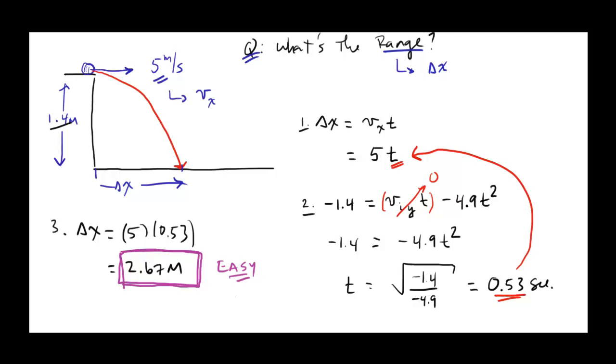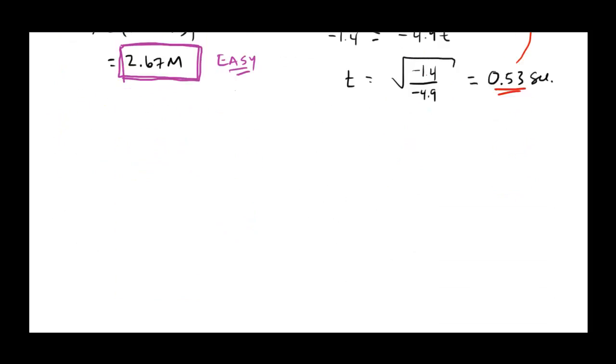The next level of difficulty was a problem where we had a projectile launched at an angle but over level ground. So here's flat ground here. Maybe it's some field, and we have some object, maybe a ball here, that's going to get kicked upward at an angle. And we know the velocity.